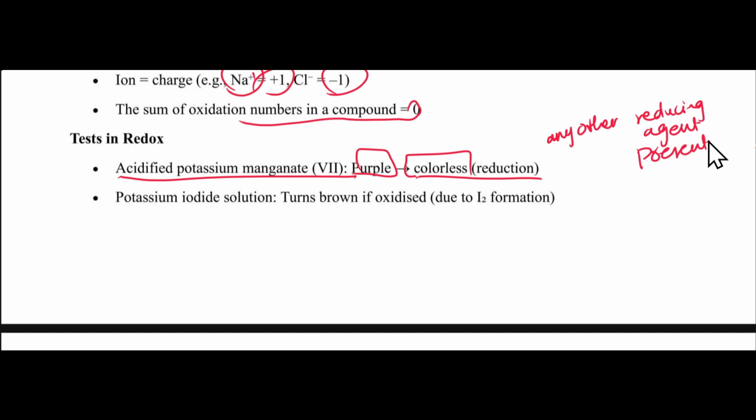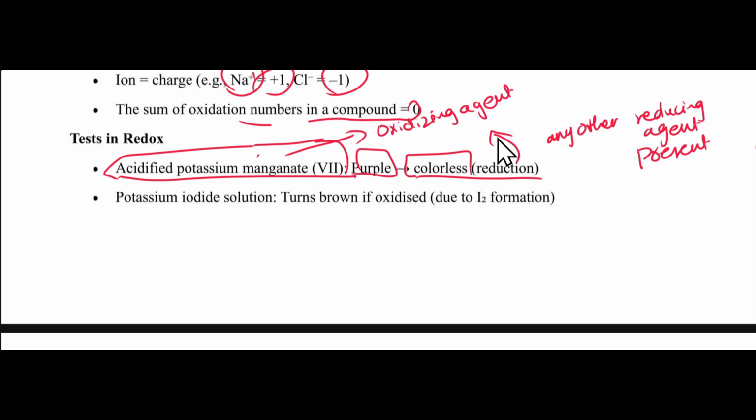Because it means that the acidified potassium manganate is actually reduced, because this one is itself an oxidizing agent. Potassium manganate is an oxidizing agent. What does it mean? Itself it will be reduced and it will oxidize the other one, right?